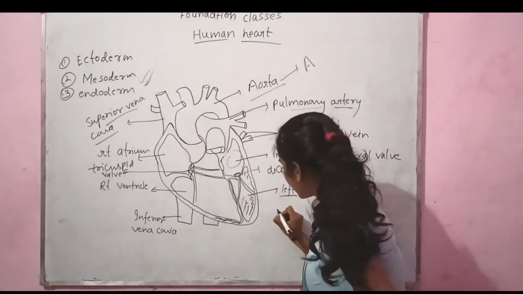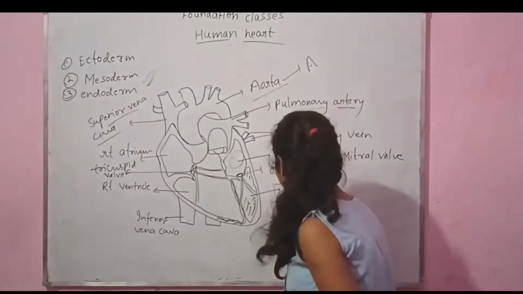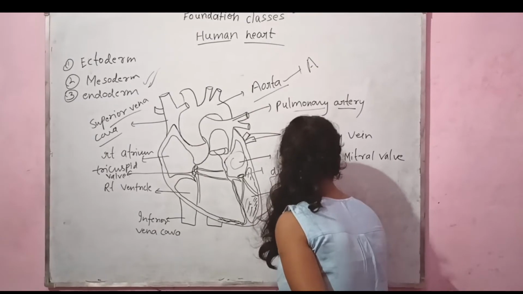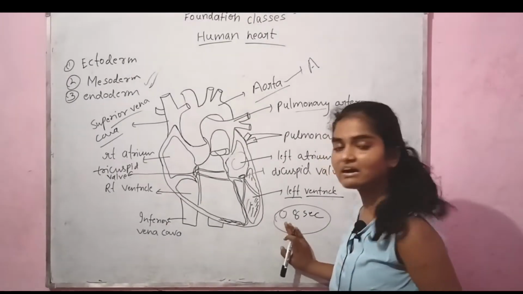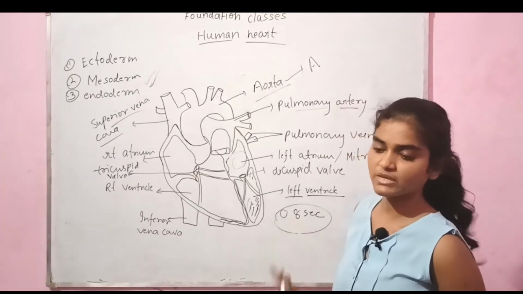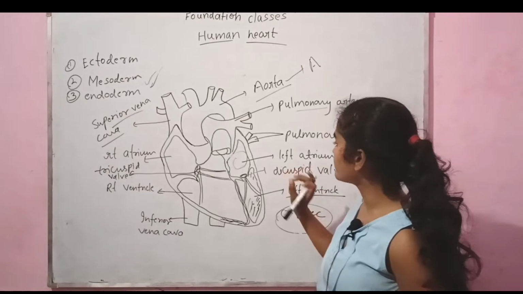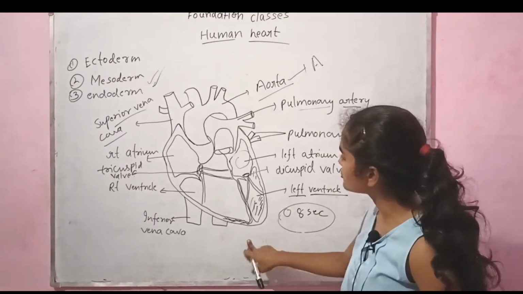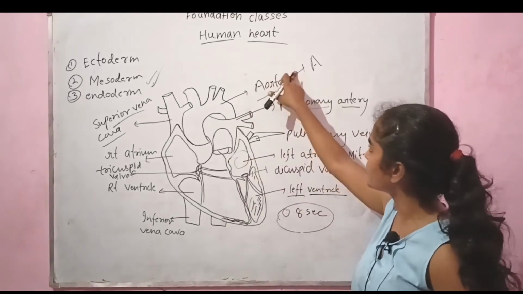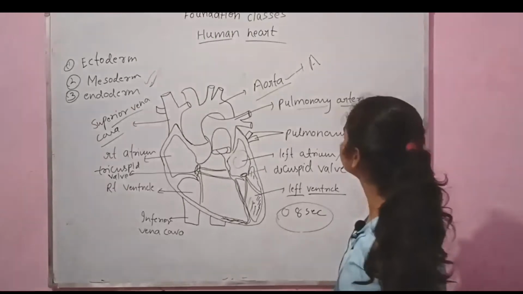The total time taken to circulate is 0.8 second. This is also called the cardiac cycle time. The blood gets purified in the lungs, and it takes a total of 0.8 second.